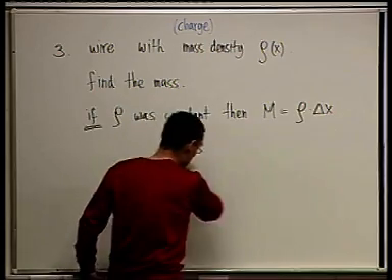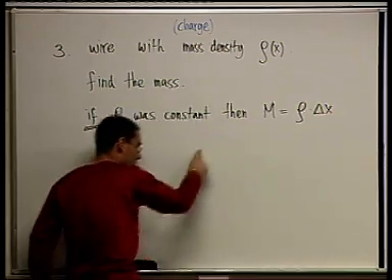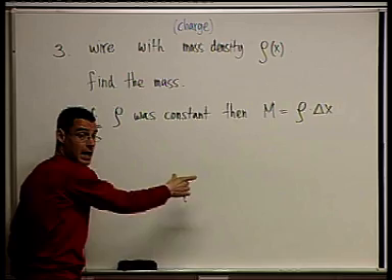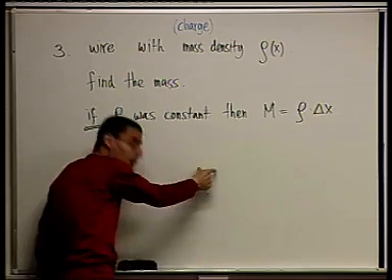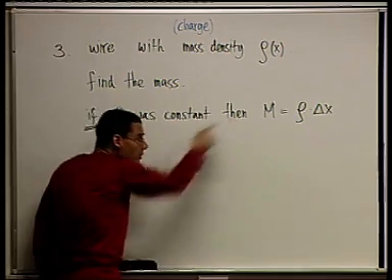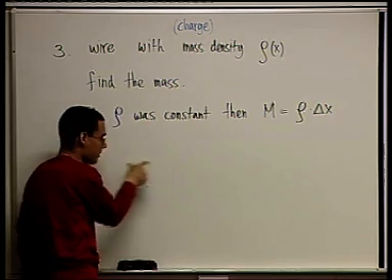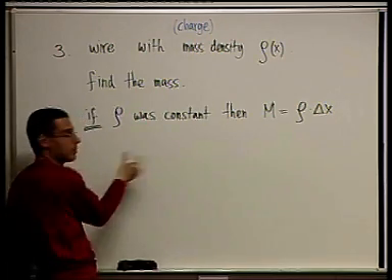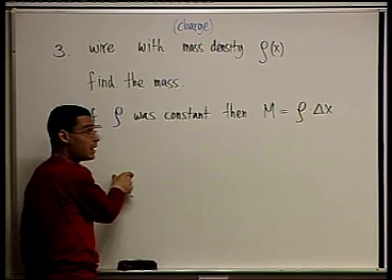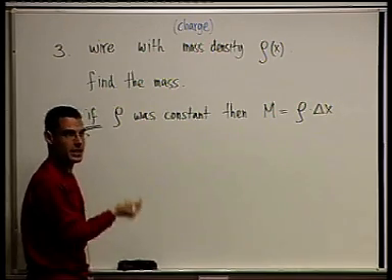You're going to say, okay, look at the wire, break it into small little segments, and assume that on each of these small segments, rho is fixed. Approximate rho by its value at the midpoint, or whatever. What are you going to get? You're going to get a Riemann sum.